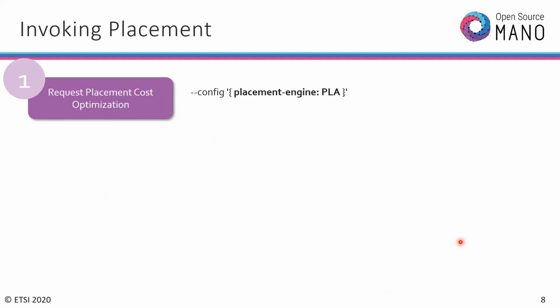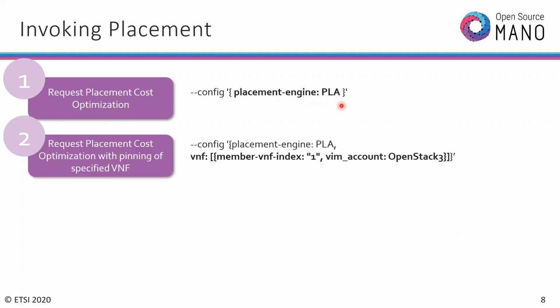Okay, how do we invoke this thing? We've seen part of this before. So first version, we just request cost optimized placement, no constraints. We give this in the nscreate command.